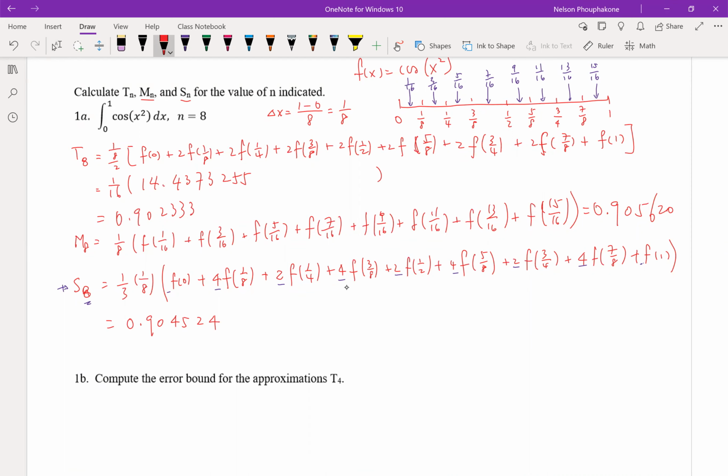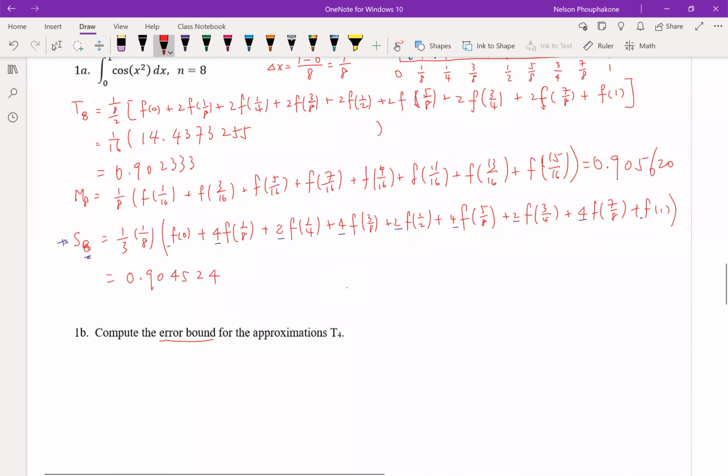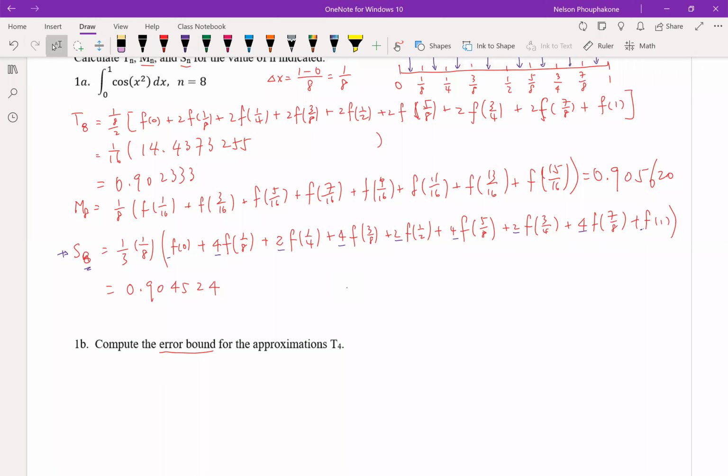And right now, I would like to talk about how we actually work with the error bound. Now remember, for the error bound, in this case, we work with the trapezoidal rule, right? So to this one, let us work with the error of T sub n is less than or equal to K sub 2 (b minus a) to the power of 3 over 12 n squared.